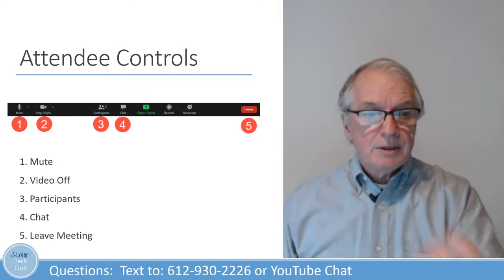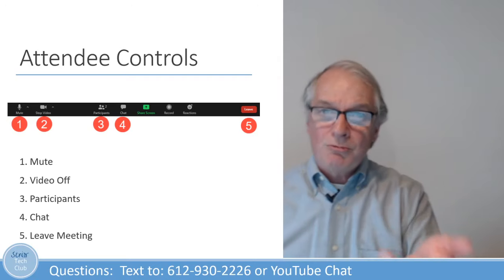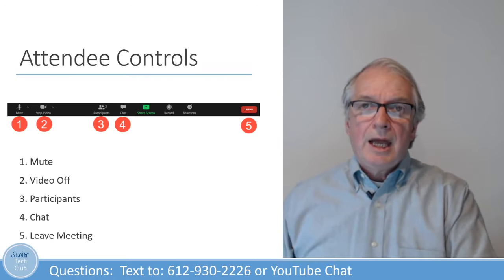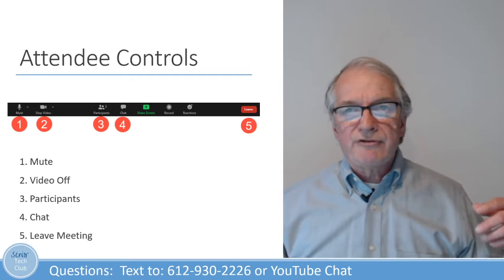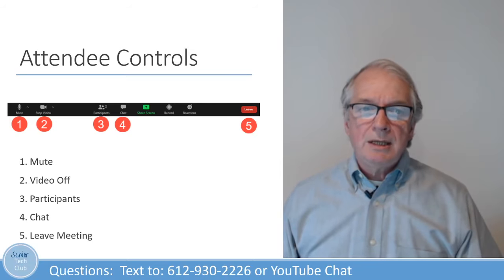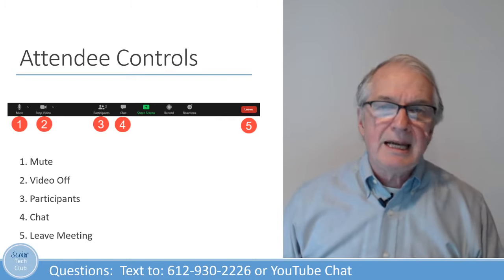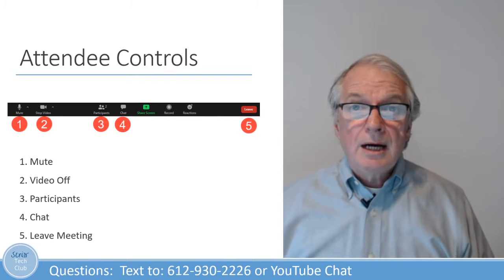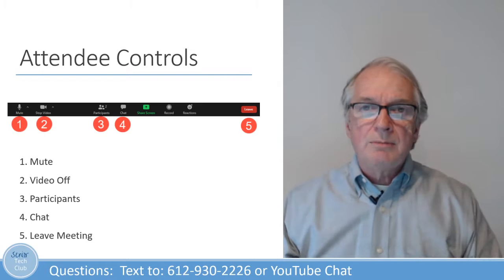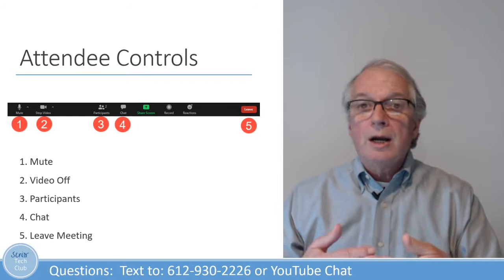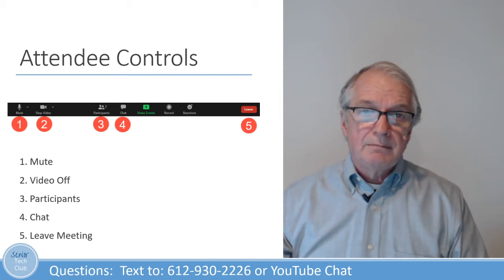Number two is the video control. So if you come into a meeting with your video on, and let's say that you are interrupted, you have to attend to something else during the meeting, you can turn the video off by tapping on that stop video icon, and that'll turn the video off and replace your picture or your video image with your name, or it could replace it with a picture that you have supplied.